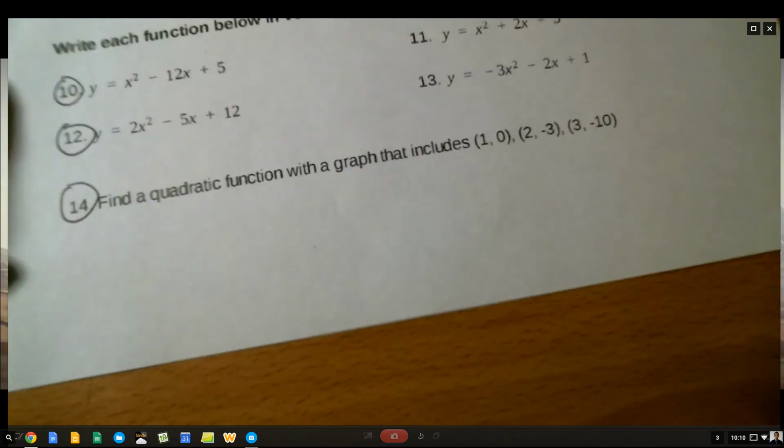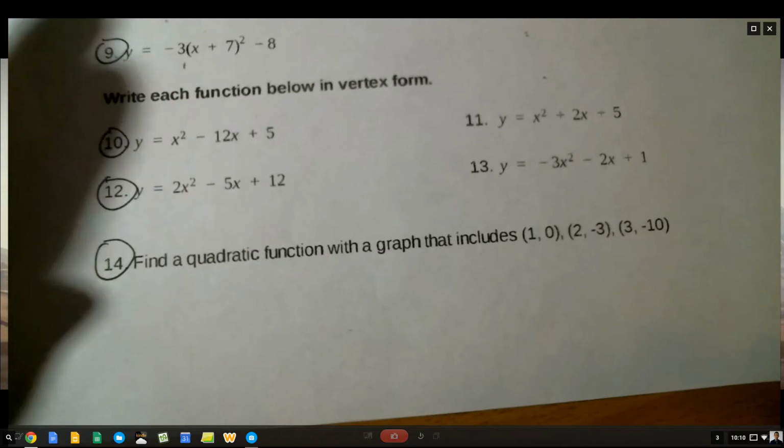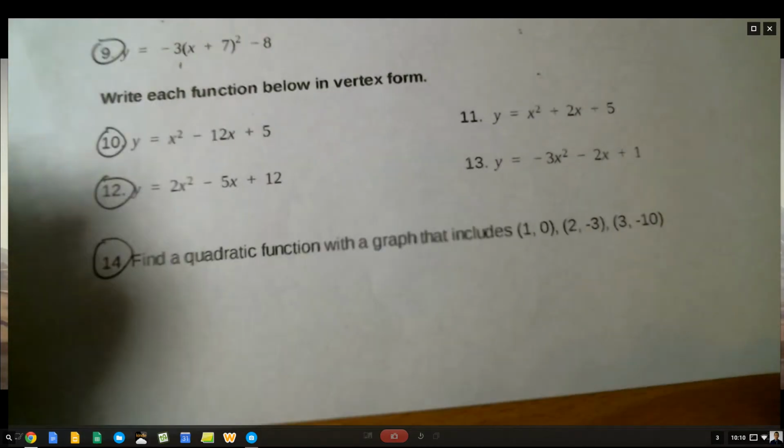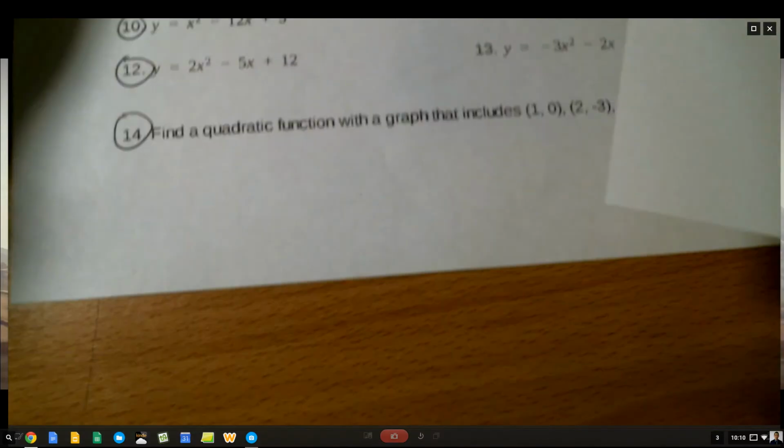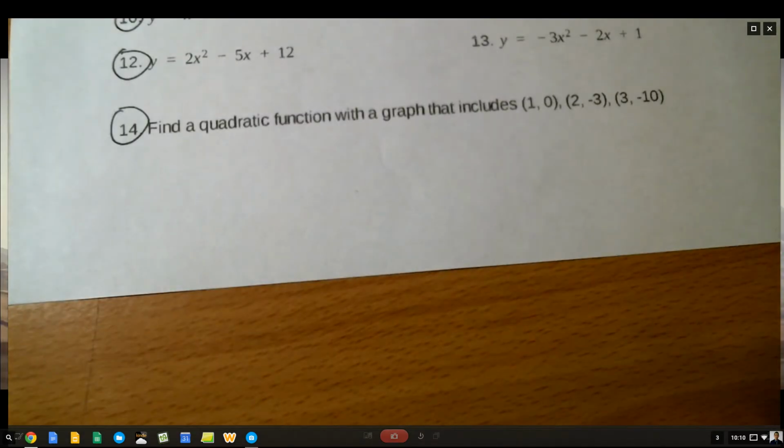So now, that's number 12. Number 14, I won't do the whole problem with you guys, but I'll set it up for you. Find a quadratic function with a graph that includes these points: 1, 0, 2, negative 3, 3, negative 10, these 3 points.